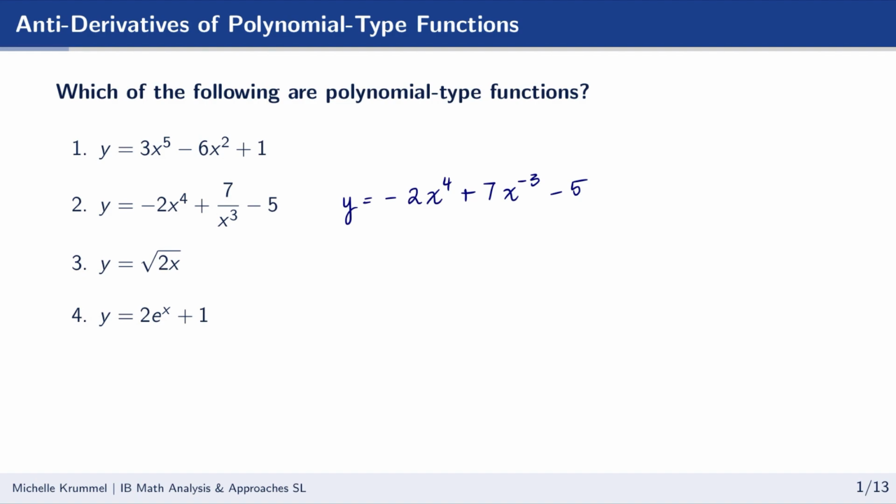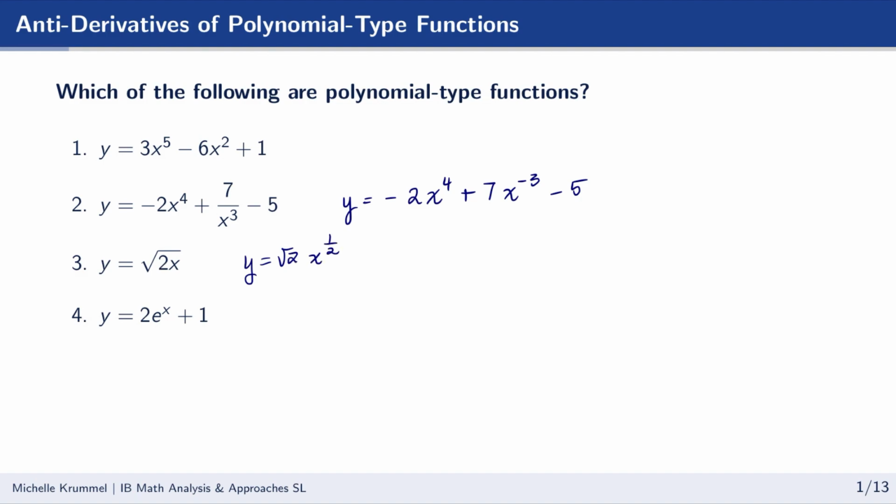Okay, so we're being a little bit loose when we say polynomial type function. Basically, we just want to know if this function is one for which we could use the power rule. That's where we're going with this. All right, number 3, y equals the square root of 2x. This is not a polynomial function, but we can rewrite this as y equals the square root of 2 times x to the power 1/2.